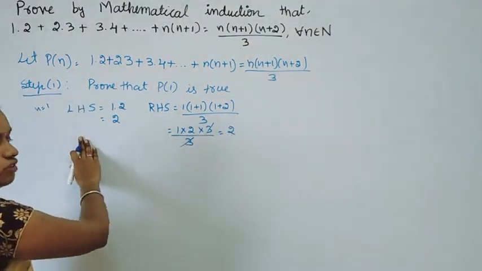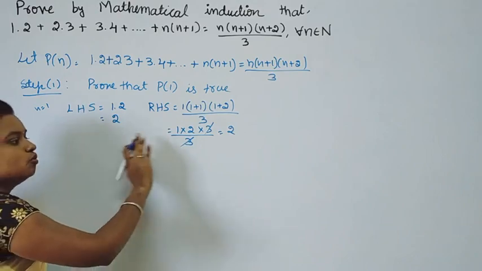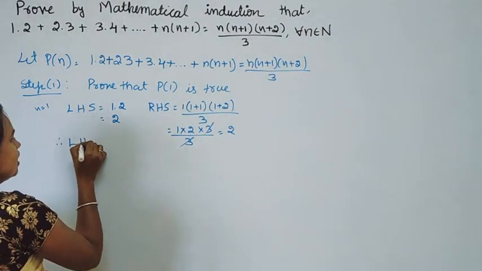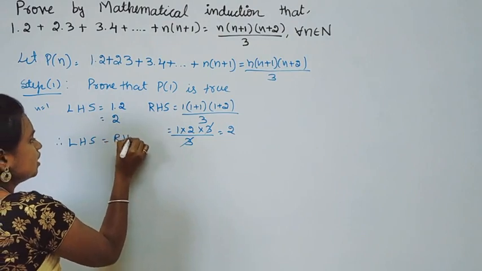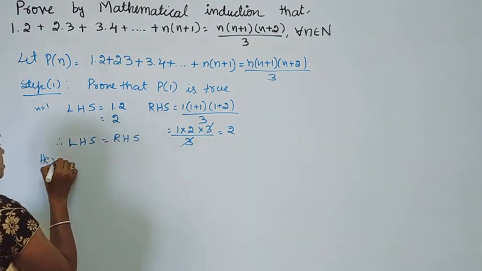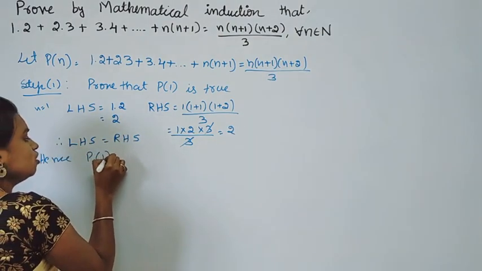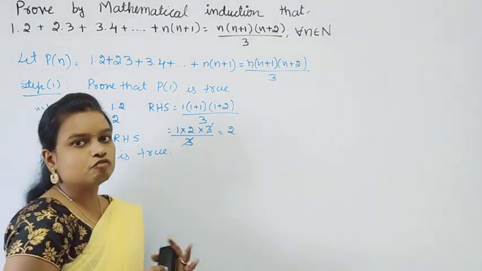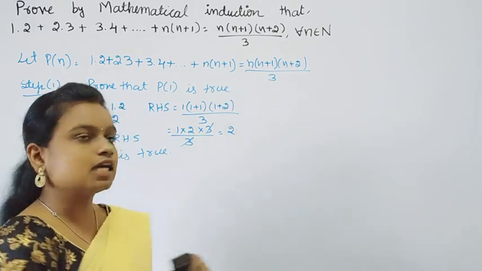Observe that LHS is 2 and RHS is also 2. Therefore LHS is equal to RHS, hence P of 1 is true. So step 1 is completed.